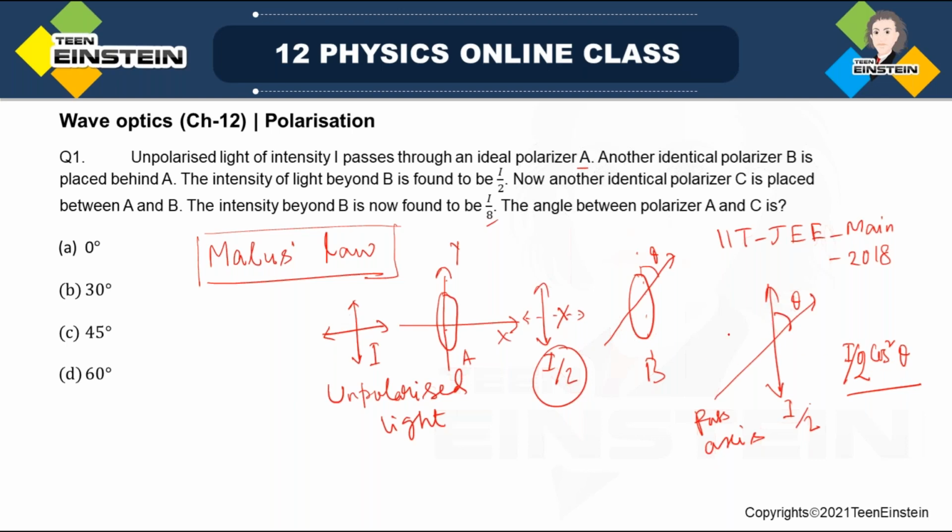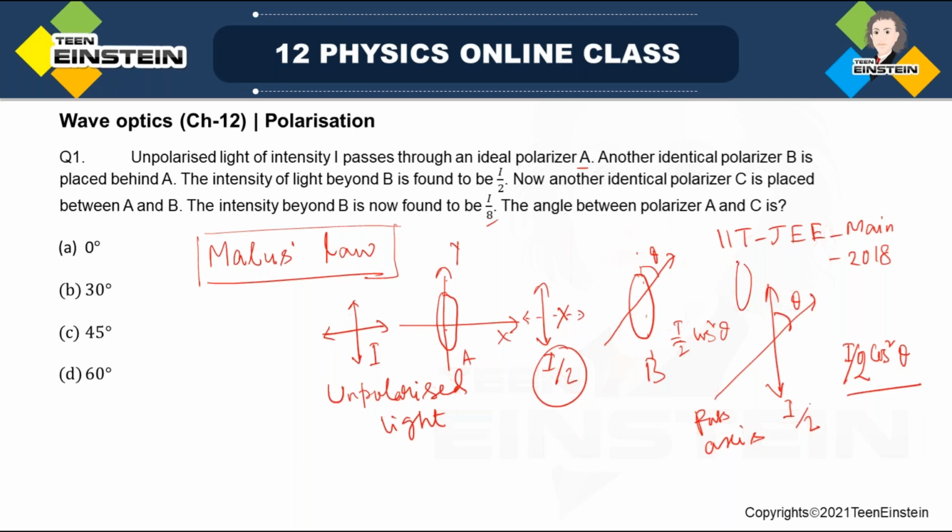If this light passes through many other polarizers at different angles, then you have to follow the initial intensity each time. In this case, it will be I by 2 cos square theta.